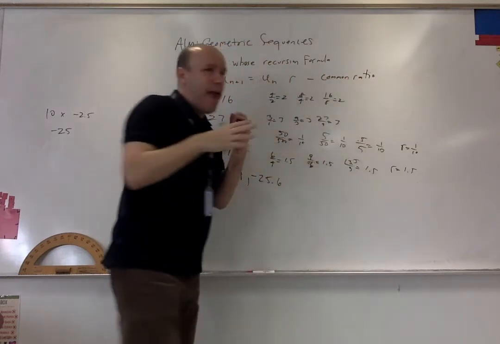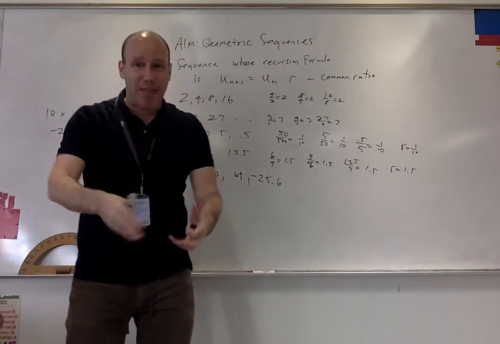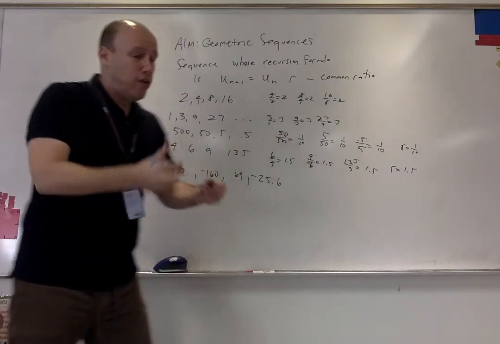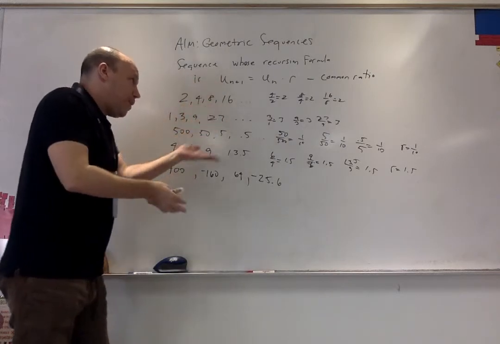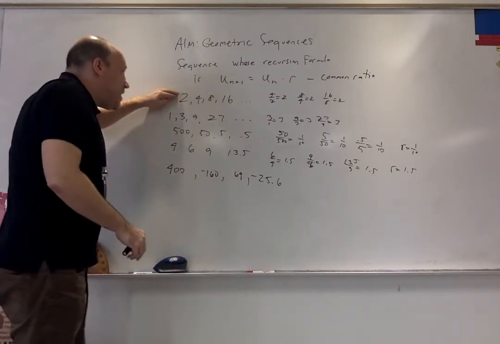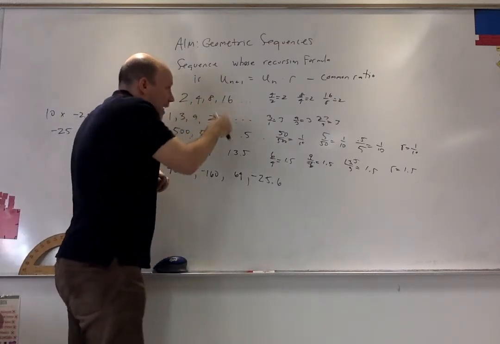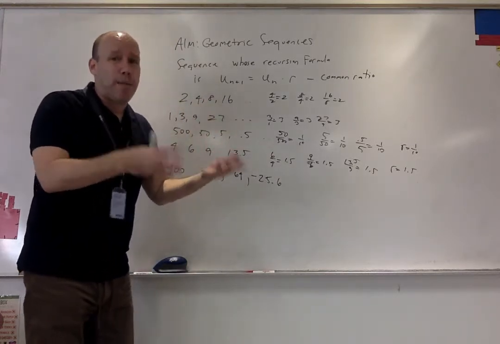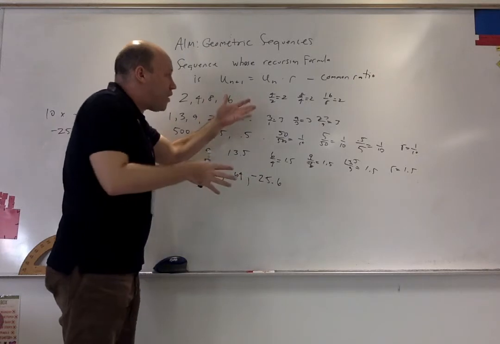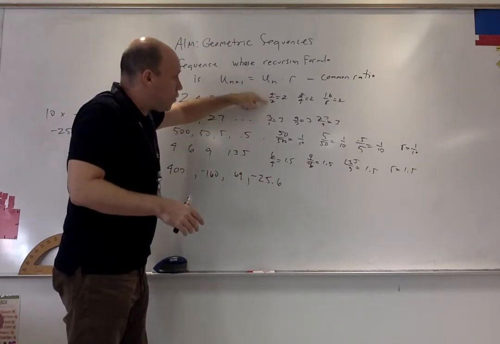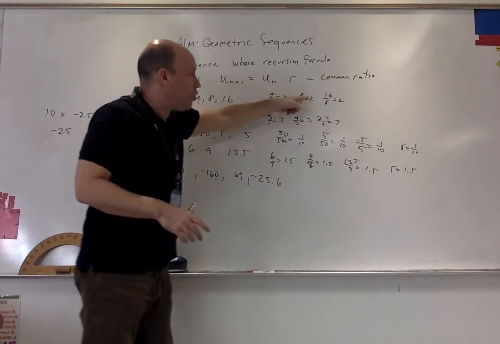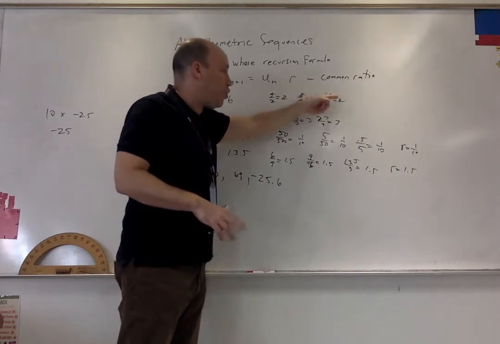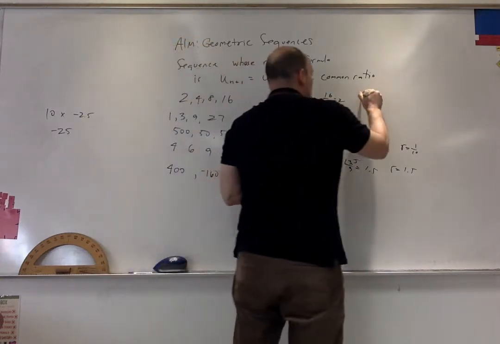And I'm just angry because I know that you've sat through this lesson before. Here's the example, 2, 4, 8, 16. You know by inspection, Mr. Adler, you're multiplying by 2. Or the fancy way: 4 divided by 2 is 2, 8 divided by 4 is 2, 16 divided by 8 equals 2, so the r is 2.